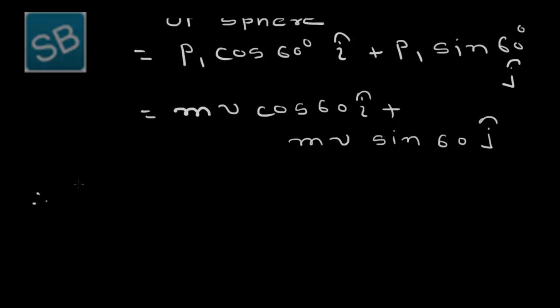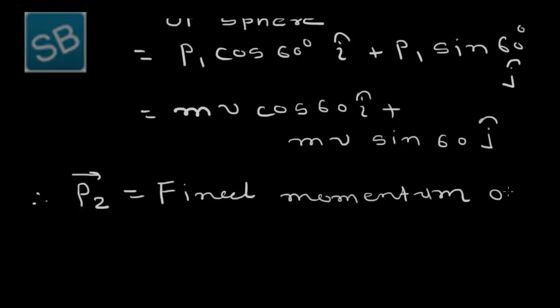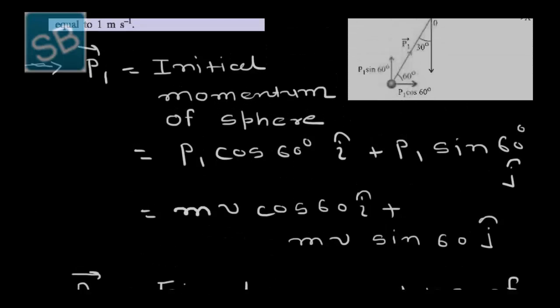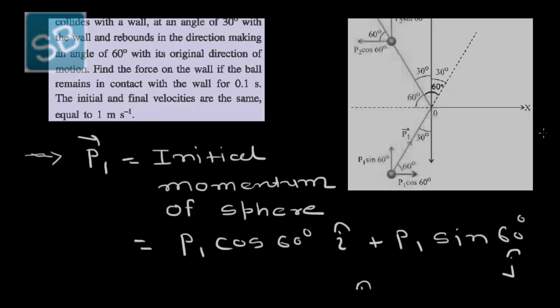Similarly, the final momentum of the sphere is taken as P2. It is written as follows. From the figure you see the direction of P2, and it is clearly seen that the direction of P2 is totally opposite to the direction of P1 in the x dimension only, and in the y direction both are in the positive y-axis.